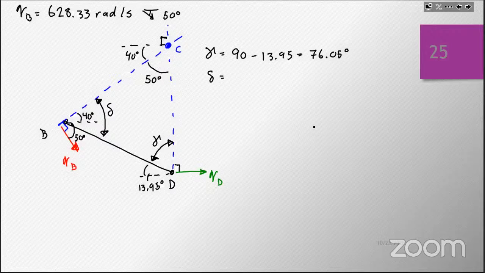Well, delta is going to be 40 degrees plus 13.95 degrees, which gives me 53.95 degrees. How did he do that? This angle in here has to be 13.95 degrees. It's the same as the angle right here. This angle at the top from the horizontal is the same as the angle from the horizontal to here, right?